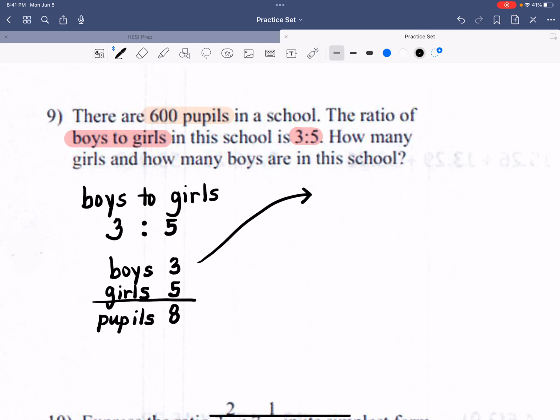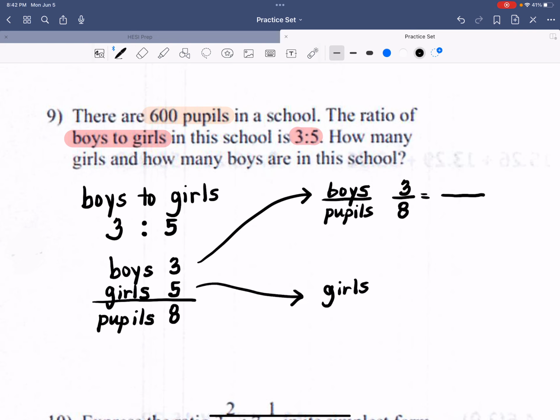There are 3 boys out of every 8 students. And on this one, we're going to say that there are 5 girls out of every 8 students.